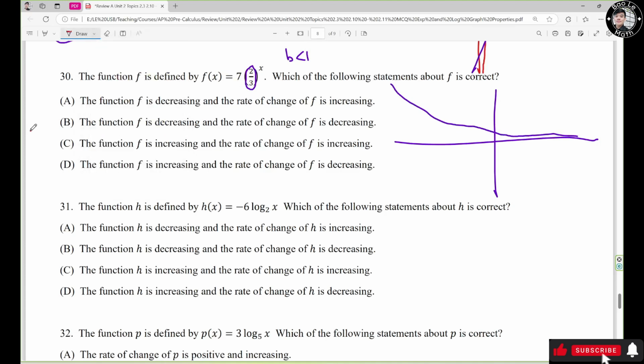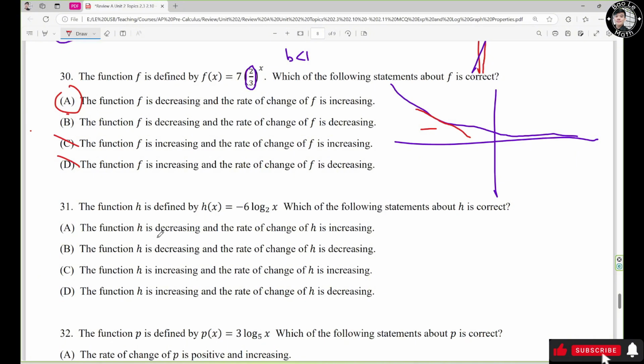Now, in order to know if the function is increasing or decreasing, I'm going to draw the tangent line. So the tangent line is going down, the slope is negative, the function is decreasing, right? So I need to eliminate C and D. Now, the rate of change is increasing because the function is concave up, right? So the answer must be A.